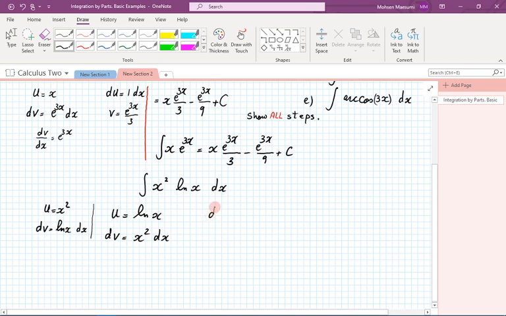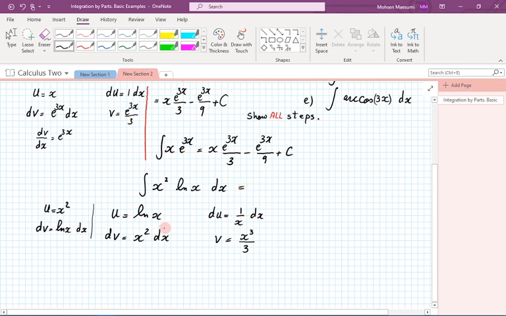That is, here I take du, the derivative of logarithm, is of course just 1 over x. And v here, antiderivative of x squared, that's going to be x cubed over 3. Okay, again, no need to bother with the constant here.